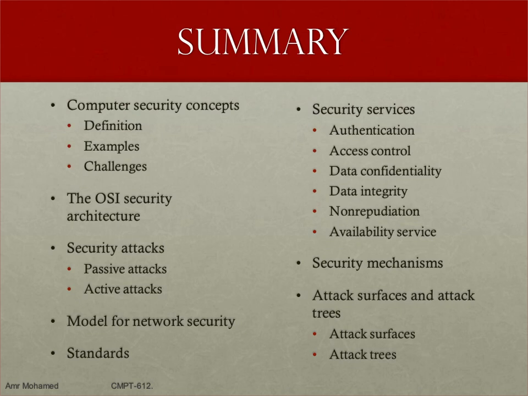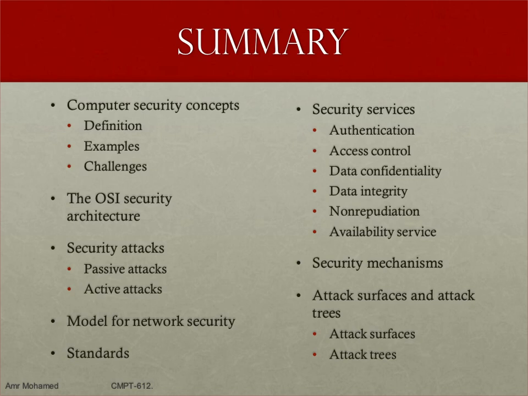We talked about the basic definitions for computer security concepts. We talked about the architecture of security, the most important objectives, which are defined in different standard documentation, whether by NIST FIPS or by the IETF, including confidentiality, integrity, non-repudiation, authentication, all of these possible objectives.